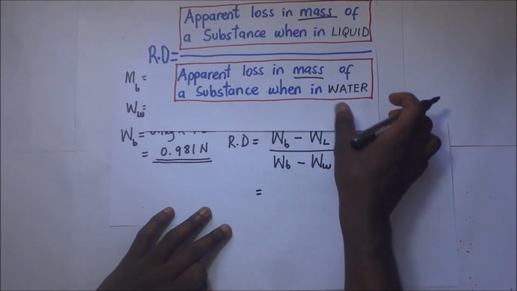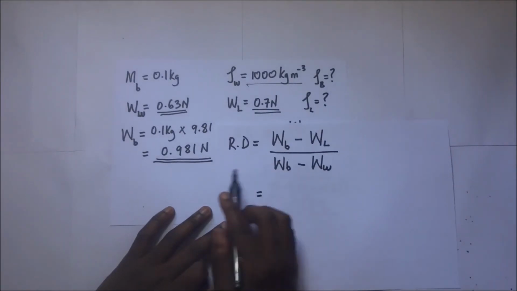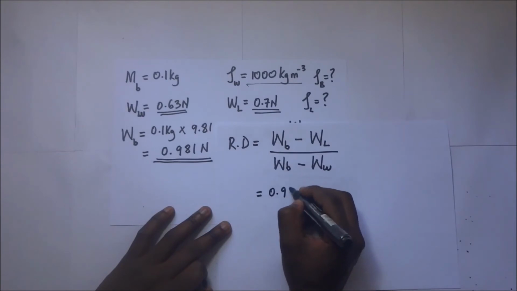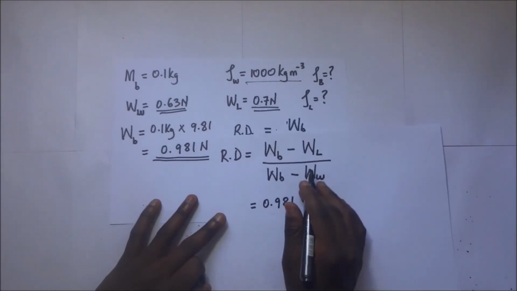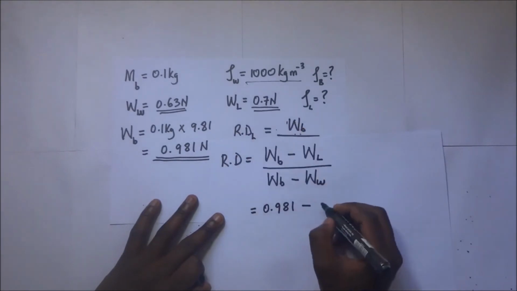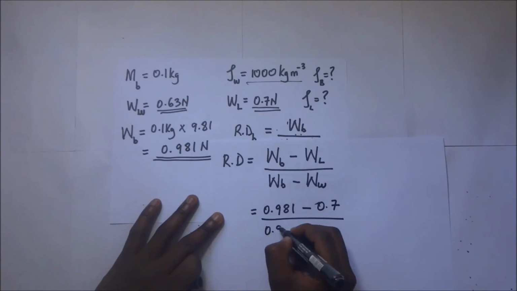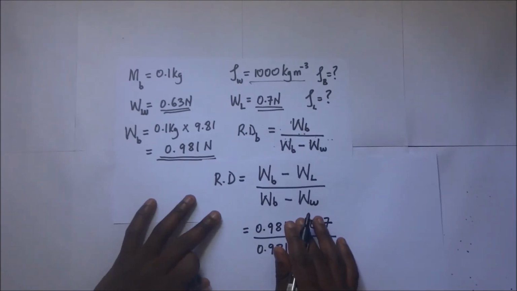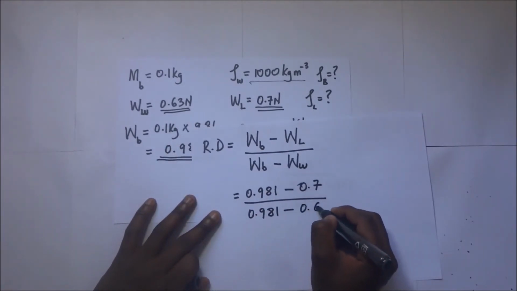So we go ahead and calculate. The apparent loss of weight when the thing is in the liquid is going to be 0.981 minus its weight when it is in the liquid, which in this case is 0.7 newtons. Divide that by 0.981 minus its weight when it is in water. The weight of the solid in water is 0.63.